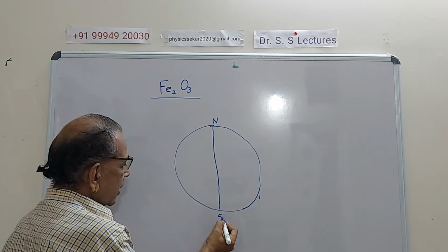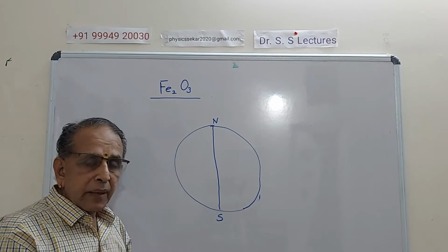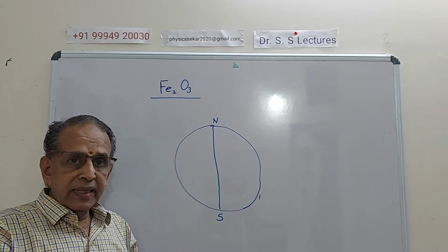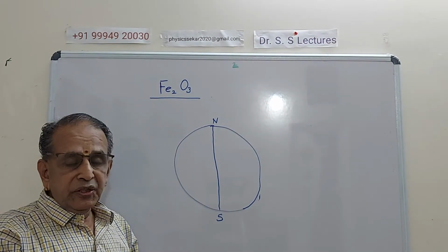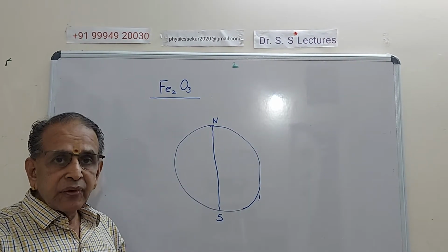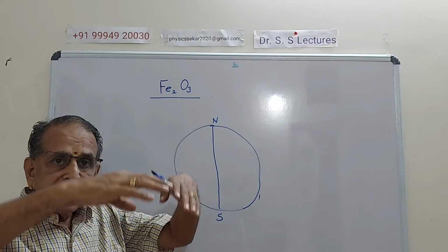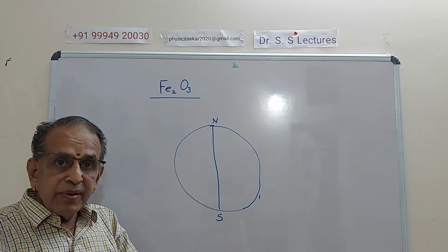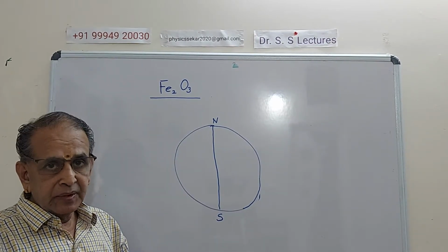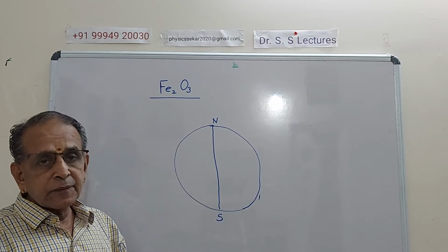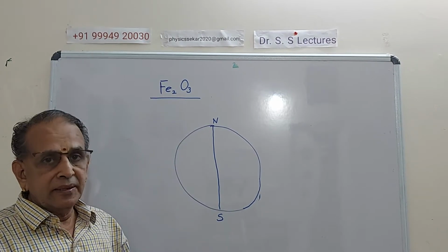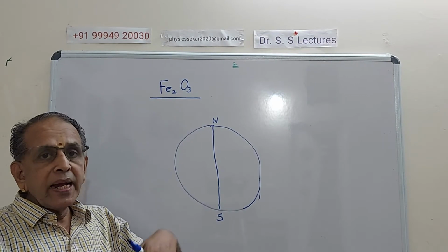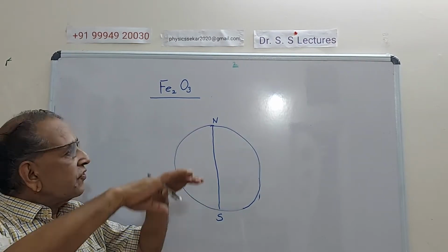This we call the south. But this earth itself is the embodiment of all such elements. Therefore, the earth that is floating in space itself behaves as a magnet, which is responsible for the earth's magnetic field prevailing on the surface of the earth.